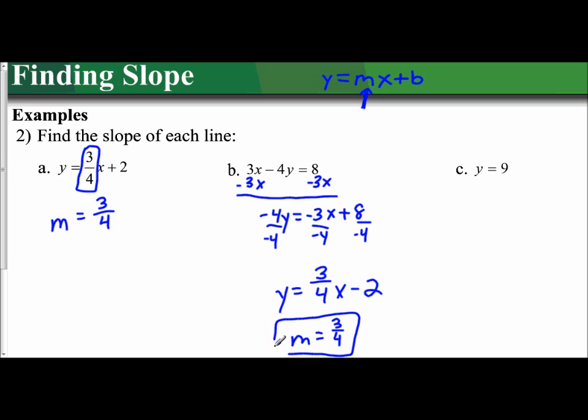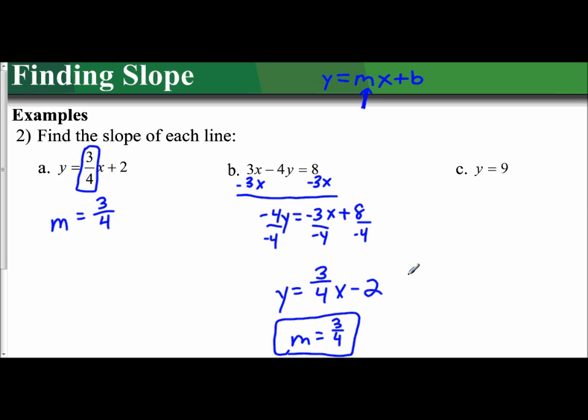And the third example, y equals 9, you may think does not look like our slope-intercept form. But if we think about it, slope-intercept form says first y equals something times x plus your y-intercept. If I look over here, I'm missing that something times x, but it does look like I have a y-intercept. I have a constant, just like I've had in the other examples.